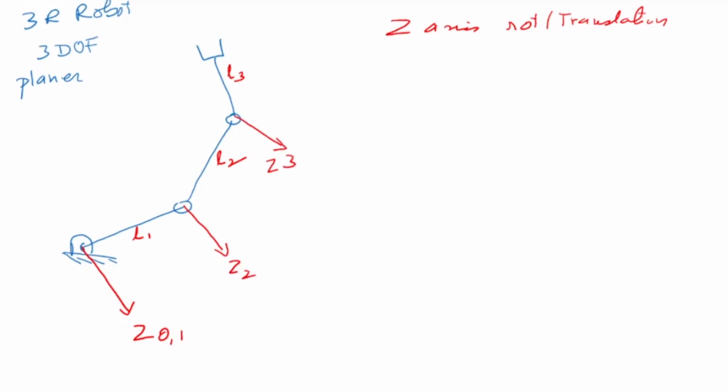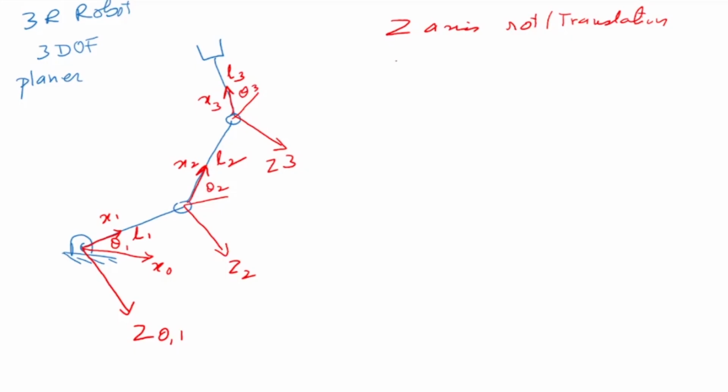Now x is the shortest distance, so x0 can be anywhere, it is the reference frame. The next x will be along the shortest distance. If z1 and z2 are parallel, then the shortest distance between them is x1. This is x2 and that is x3. Now the angles: this is my theta 1, that's my theta 2, and that's my theta 3. So this is how we assign our axes.